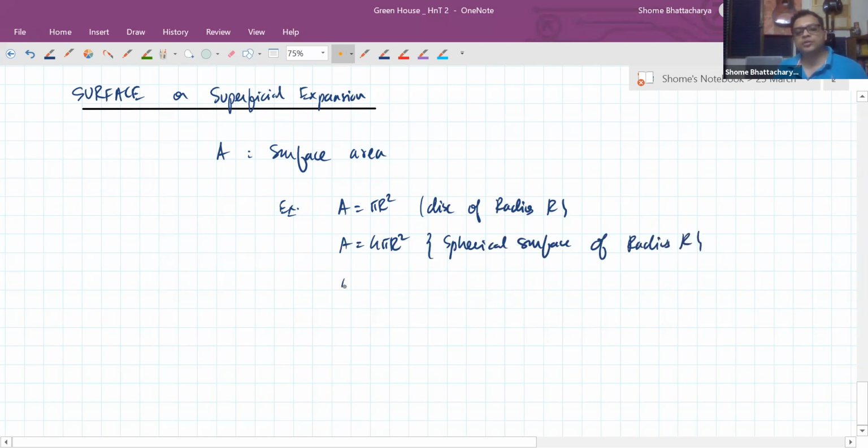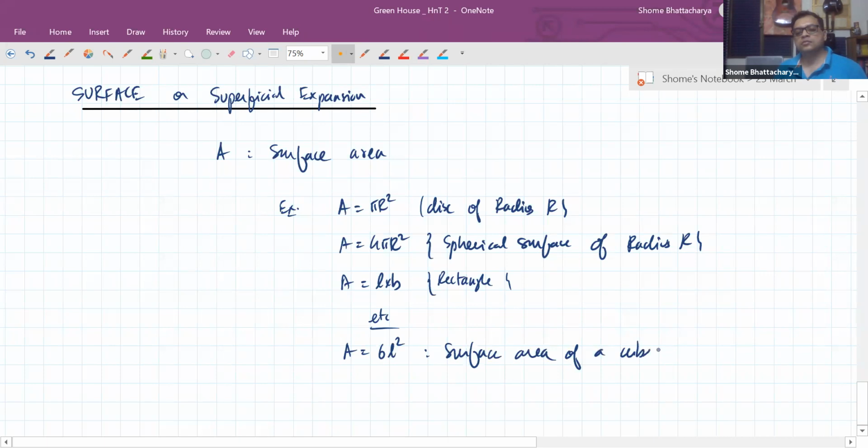Or A could be L into B for a rectangular lamina, etc. Or A could be, for example, 6L square for the surface area of a cube of dimension L by L by L. Yes. So any such thing.